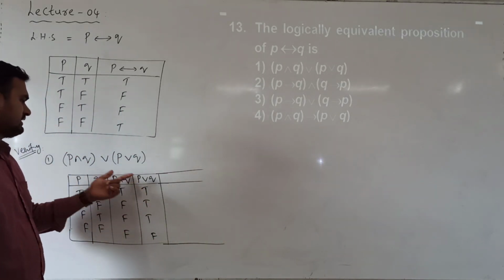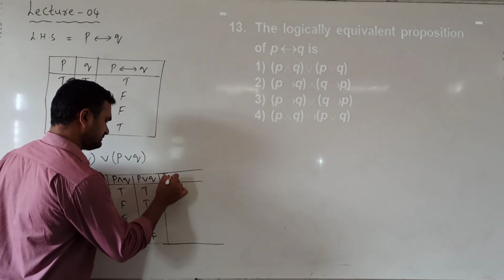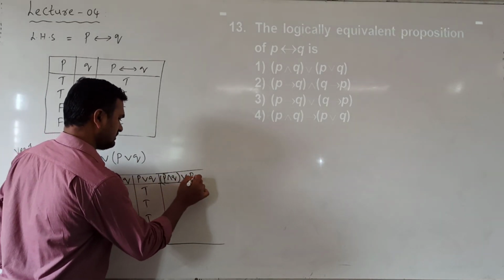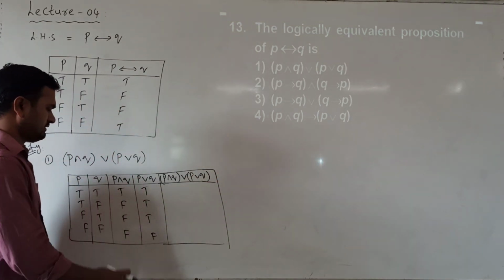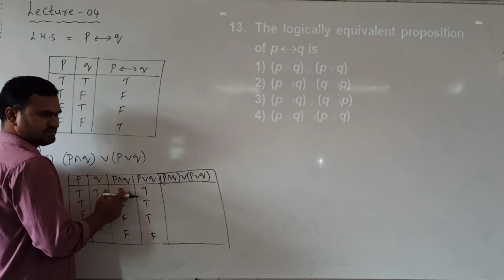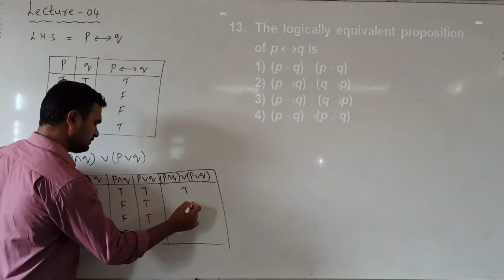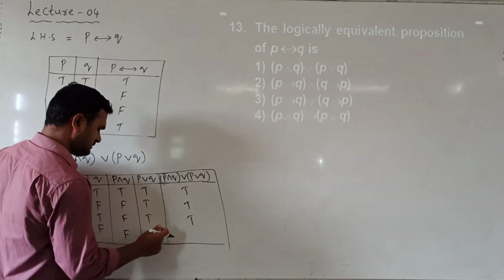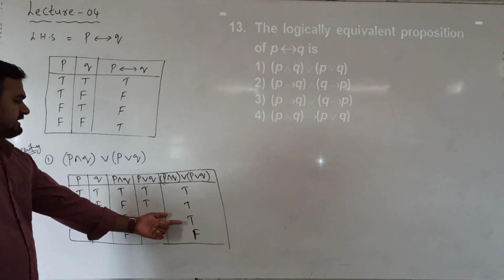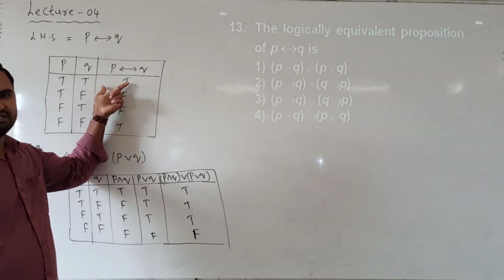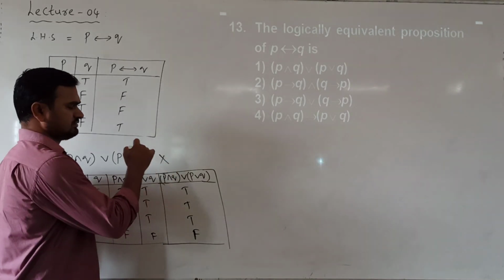Next, for these two we take the OR operation, again at least one true makes it true: true, true, true, and this is false. Now, will it be the same as the left hand side P double implies Q? The truth values are not the same, so the first option is wrong.